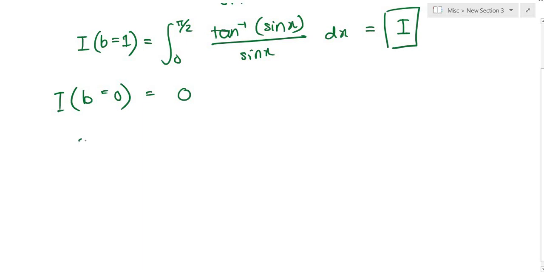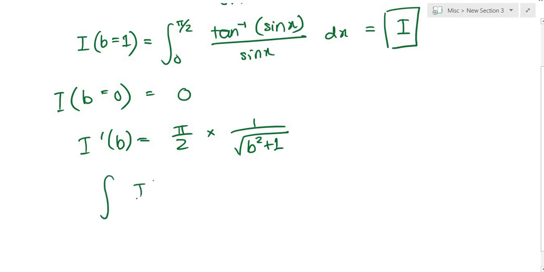It is because remember we obtained an I prime of b expression, namely pi over 2 times 1 over the square root of b squared plus 1, right? Well, I said we need to integrate that, so I'm going to integrate that, but from 0 to 1, because by the fundamental theorem of calculus we're just going to be having I of b but evaluated from 1 to 0.